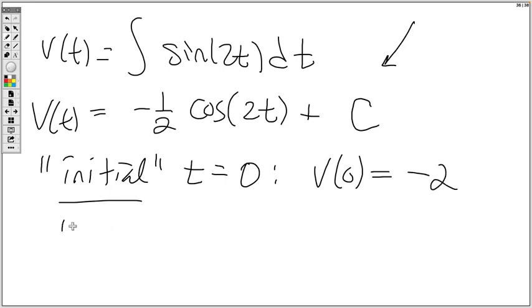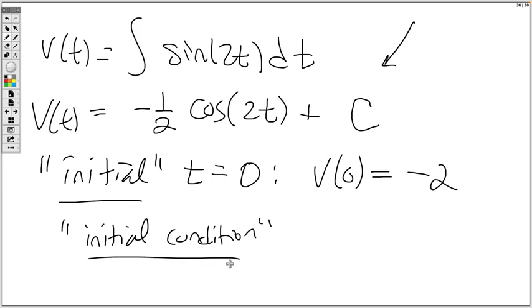So this is called, in the business, an initial condition. An initial condition is a point that helps us pin down which of these functions we want. So of all the velocity functions we want the velocity function that goes through the point 0, -2.